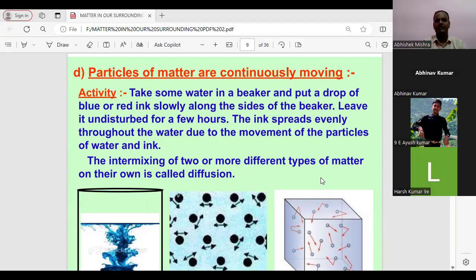Yes or no? You can write in the chat box.